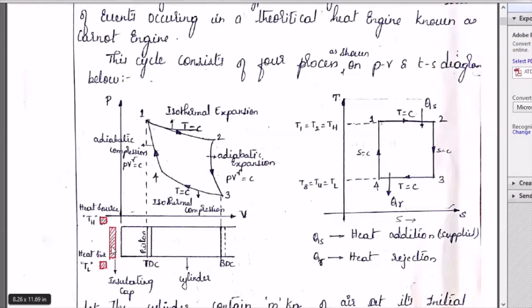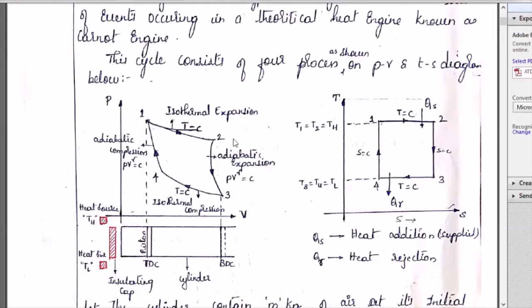Because to maintain the adiabatic condition, as we assume the expansion and compression processes are adiabatic. Adiabatic can happen only when it is insulated. So we bring the insulating cap near the cylinder head. Now it becomes an adiabatic condition, and the piston continues moving from that position to the BDC position adiabatically.